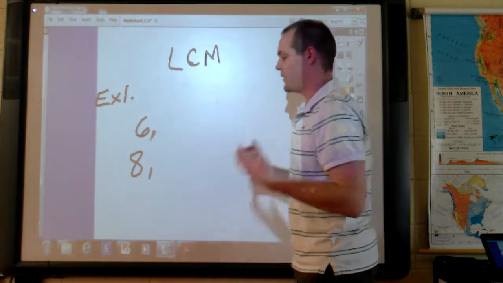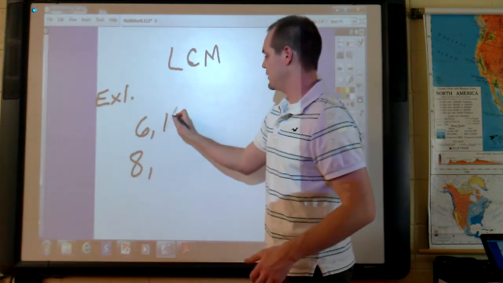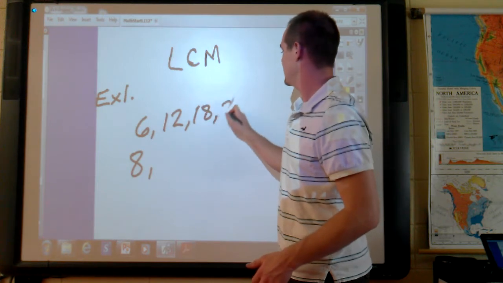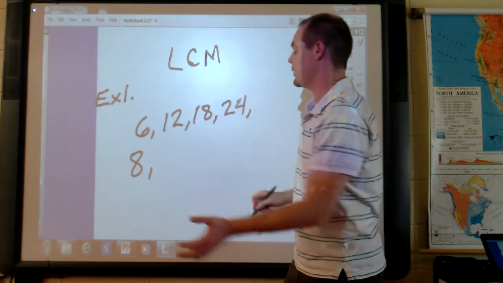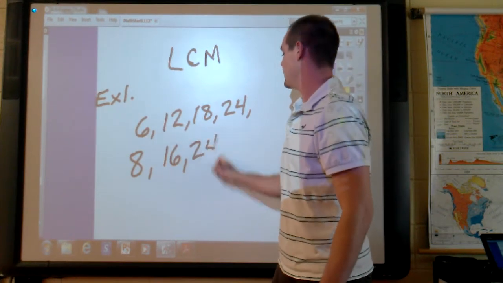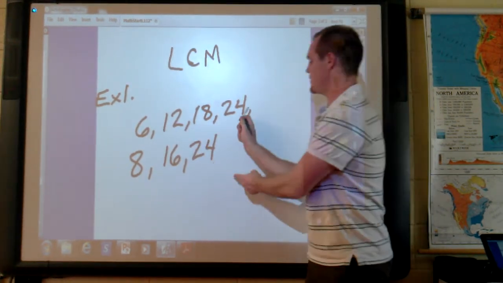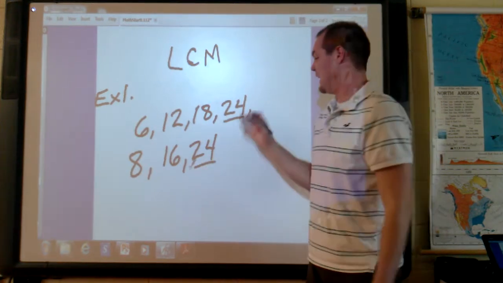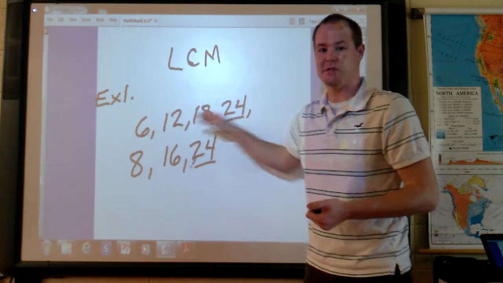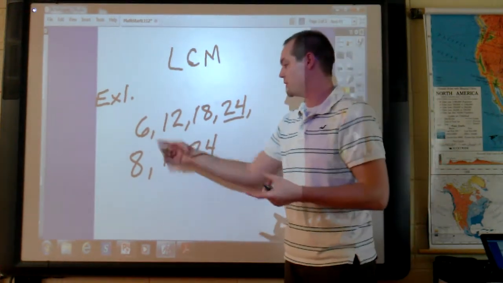First we have to find the multiples of 6: 6, 12, 18, 24, and you can go on and on and on. 8, 16, 24. Now if I didn't find the least common multiple in the first few, I'd just keep going. But you don't have to list 20 multiples of 6 to find the least common multiple of 6 and 8.